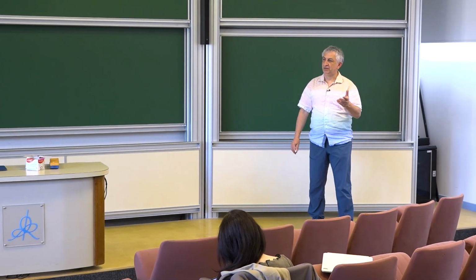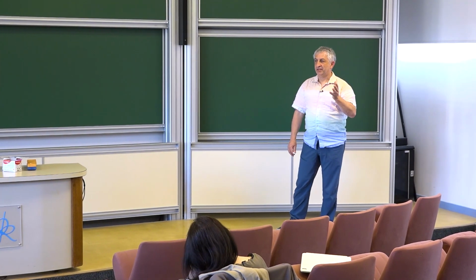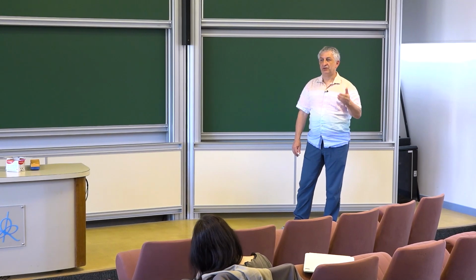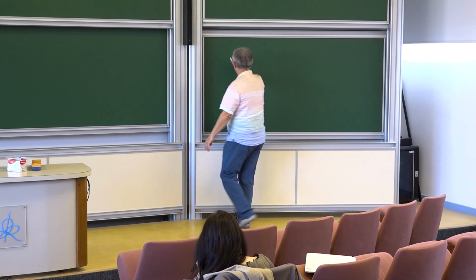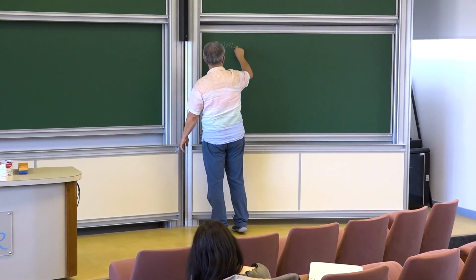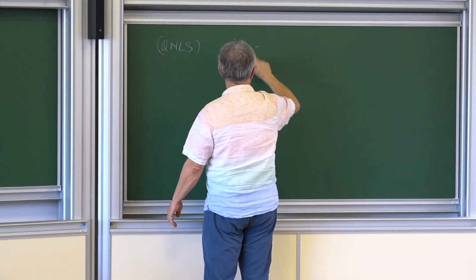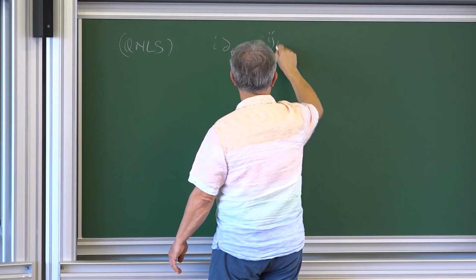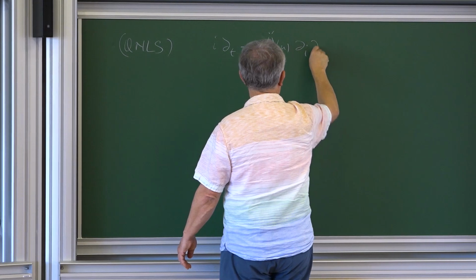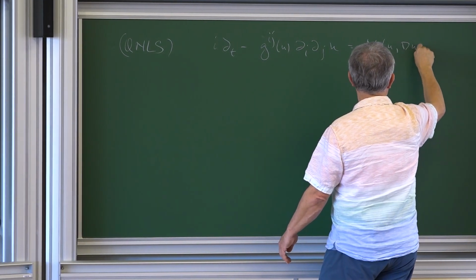So coming back to the one-dimensional paper, I'll still tell you a little bit about the quasi-linear Schrödinger equation. But I'll write the equations on this board in the way that I will use them later also in higher dimensions. So it's the same equations, 1D and 2D. We had this equation QNLS, which was i ∂t minus, let's say, g^{ij}(u) ∂i ∂j u is equal to some nonlinearity N(u, ∇u).